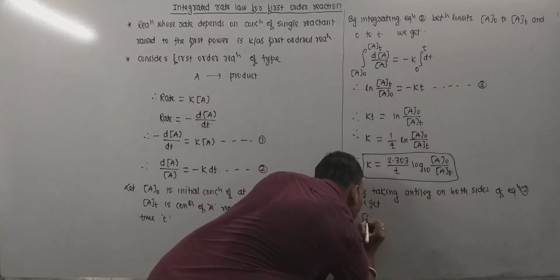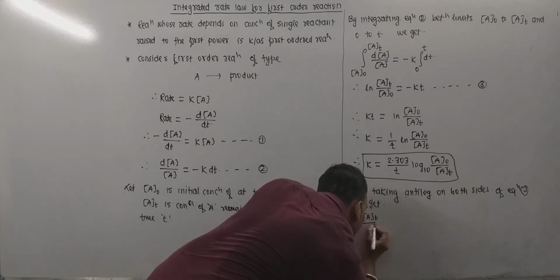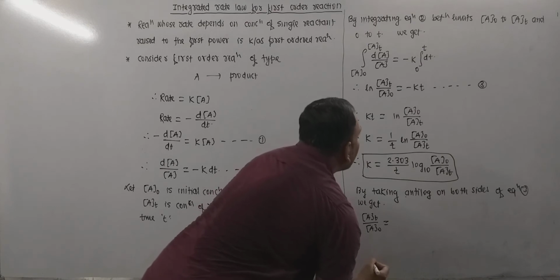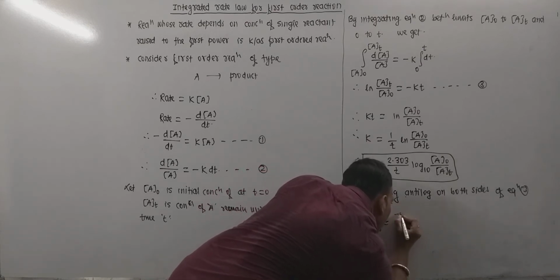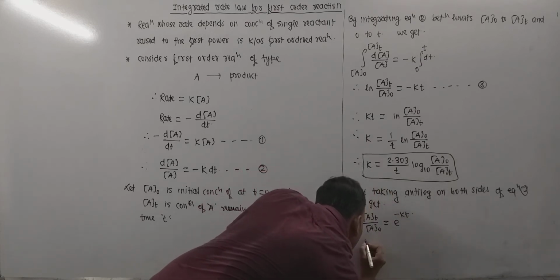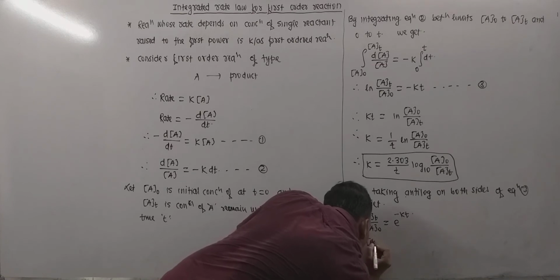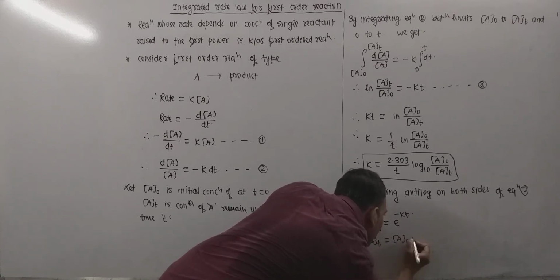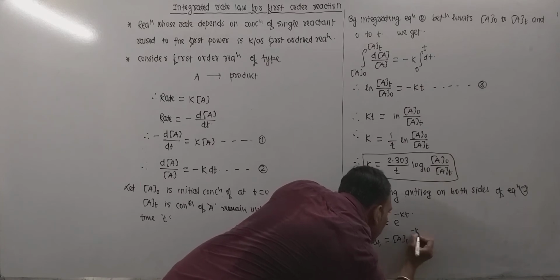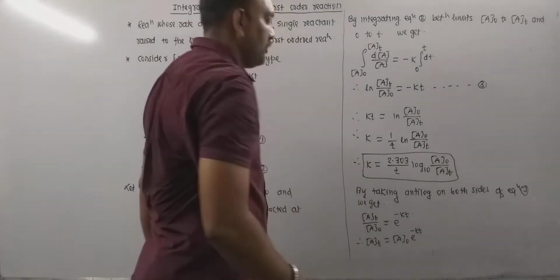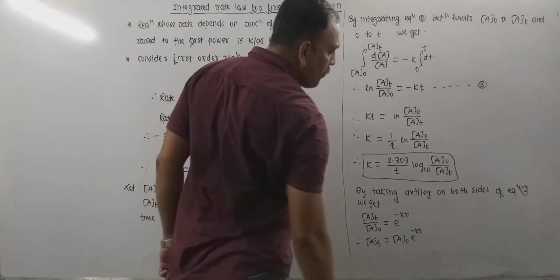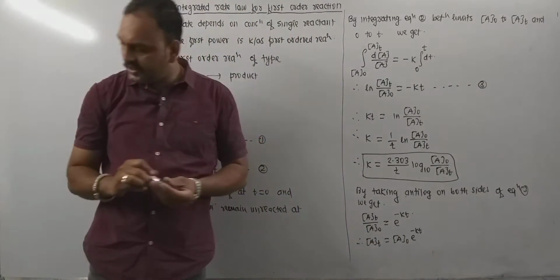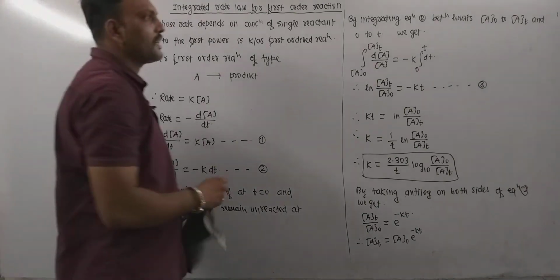I mean [A]t upon [A]0 equals e to the power minus kt. So this can be further given as [A]t equals [A]0 into e to the power minus kt. Remember, this is the exponential form of the integrated rate equation for first order reaction.